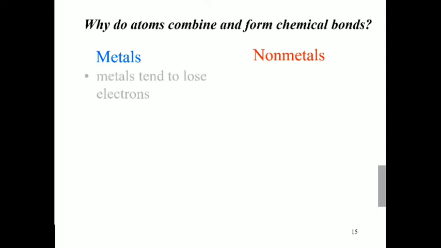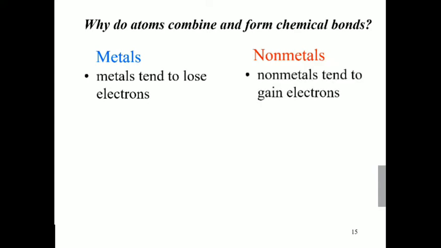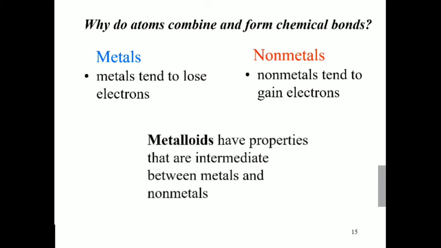So during chemical bonding, metals tend to lose or give up electrons, while non-metals tend to gain or accept electrons. Metalloids, on the other hand, have properties that are intermediate between metals and non-metals. So there are metalloids that may gain or give up electrons.